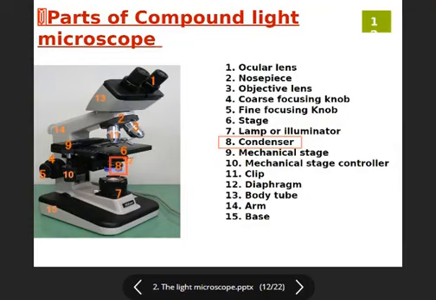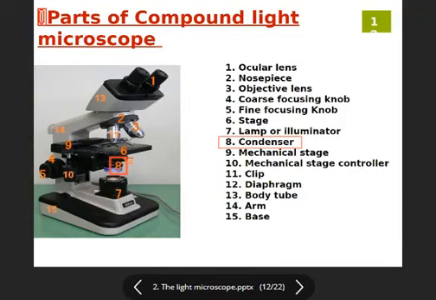When you move number 5, the slide will move up and down, but only a small amount. So we have special uses for number 4 and number 5. This I will tell you when you come in the lab. I will explain what the use of number 4 is and what the use of number 5 is. But the same thing is that both of them are for focusing.